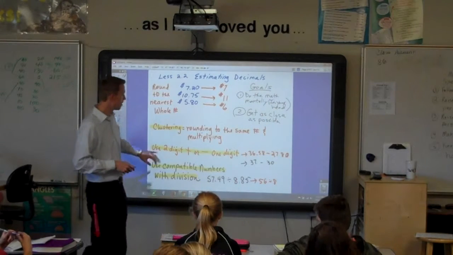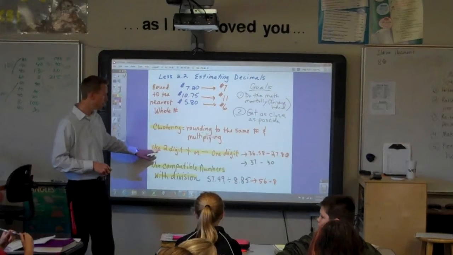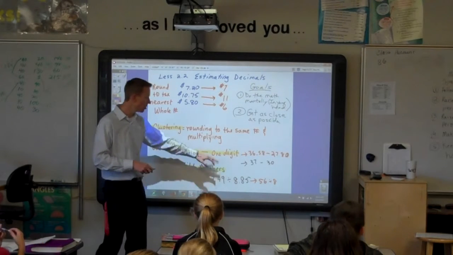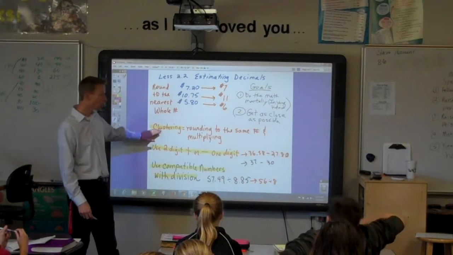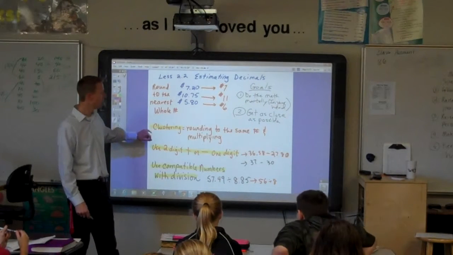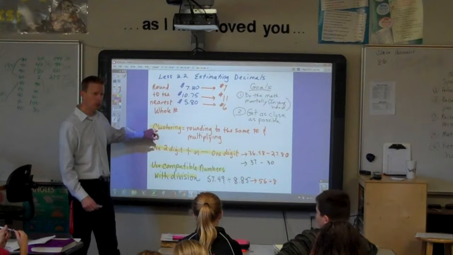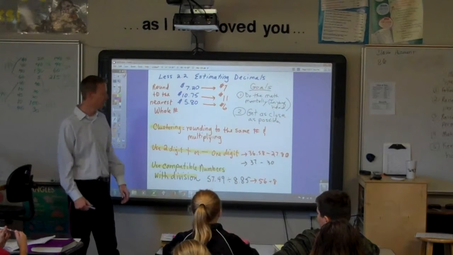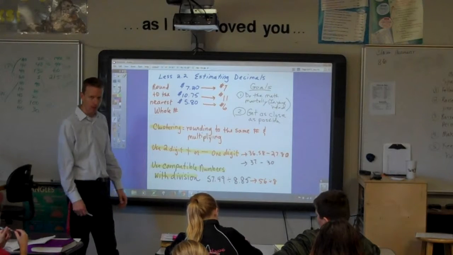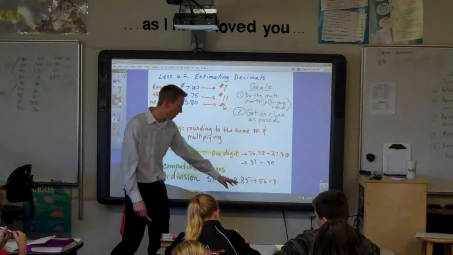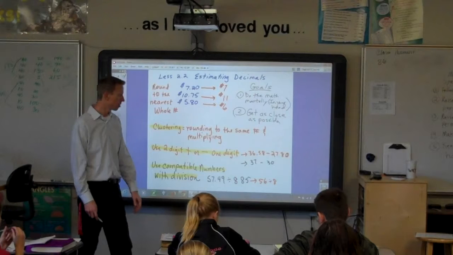So, two-digit front-end estimation, that'd be adding or subtracting two digits, plus or minus one digit. Or clustering is a good skill, and that is rounding numbers to the same number and then multiplying. And then for division, you have to remember to use compatible numbers. Numbers that fit together without a remainder. Okay?